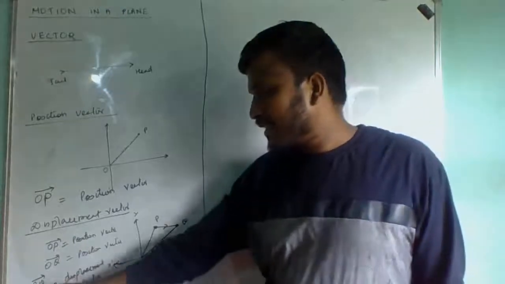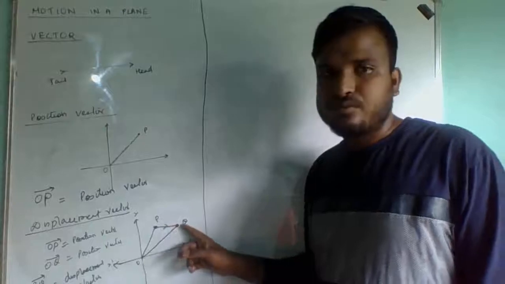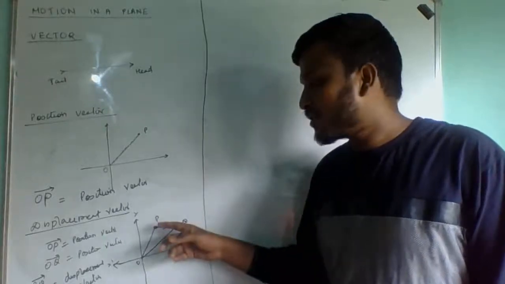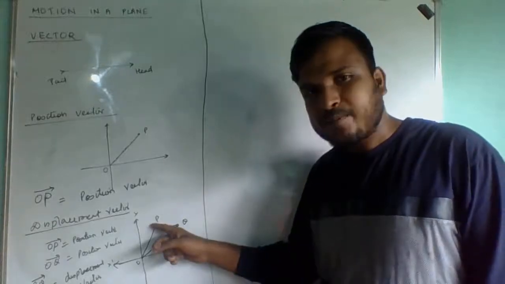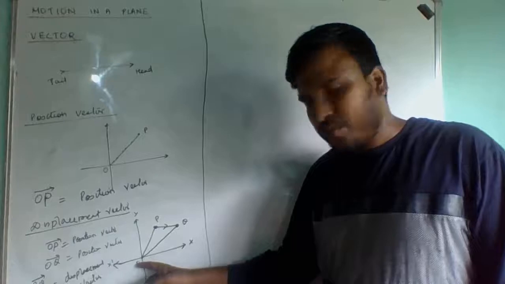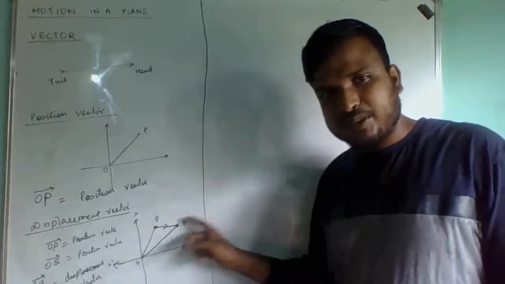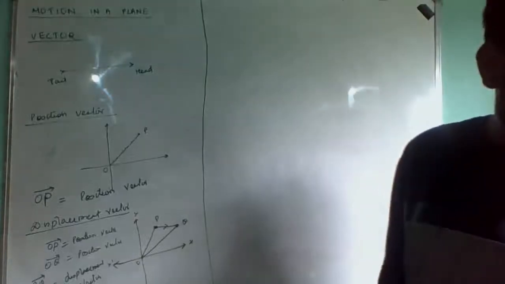So PQ vector indicates the displacement vector from point P to Q. At a particular time, the object was at P. After some time, it reached Q. When it is viewed from O, you see that there is a displacement from P to Q. So that is why this PQ is called displacement vector.